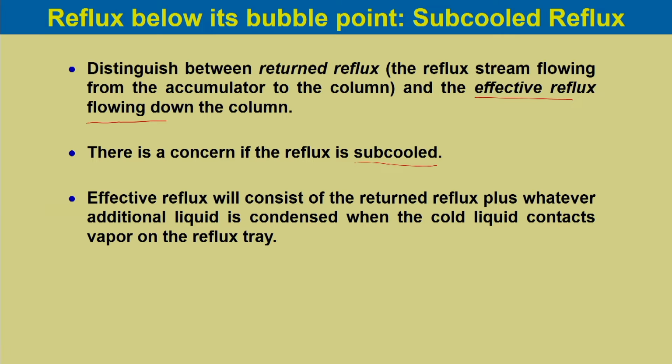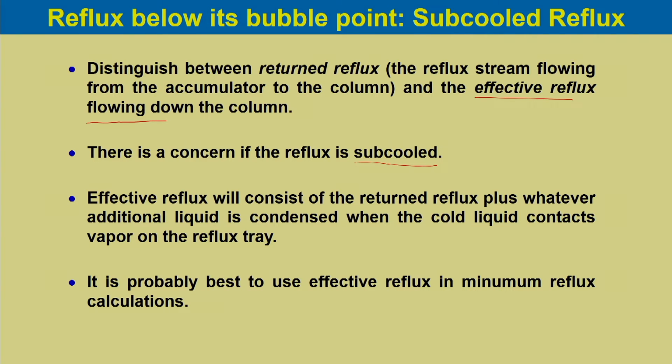On the reflux tray, that is the top tray, the vapor is going out and reflux is coming to that tray. Since it is subcooled, because of the low temperature it will condense some of the vapor going out from tray 1, the top tray. So, the liquid flow inside the column below the reflux tray will increase. So, it is probably best to use effective reflux in minimum reflux calculation instead of the return reflux.